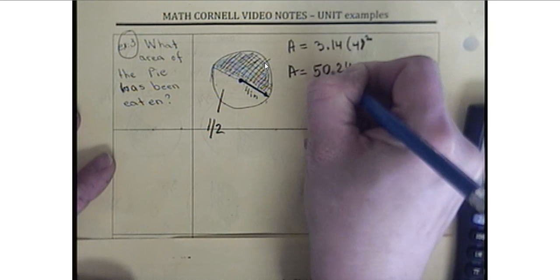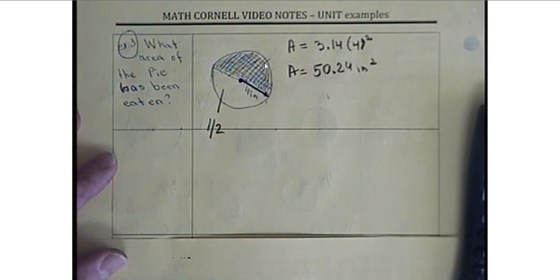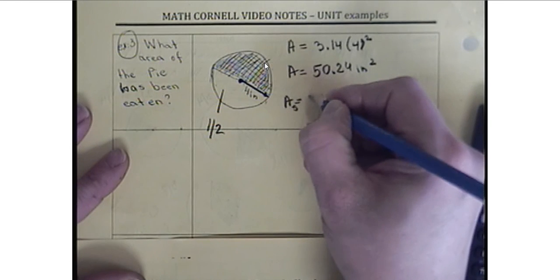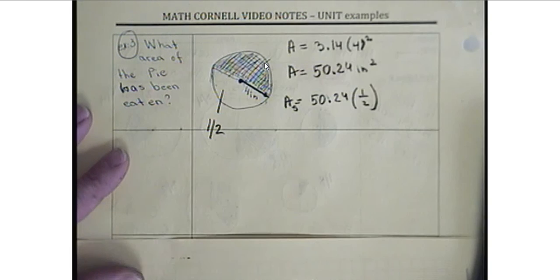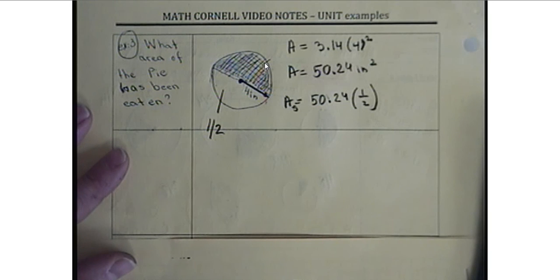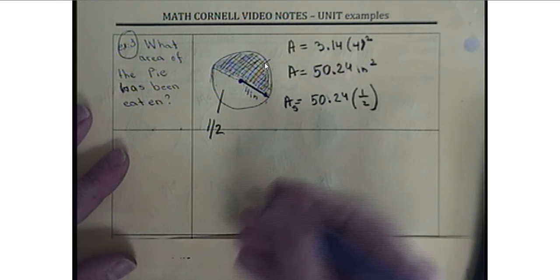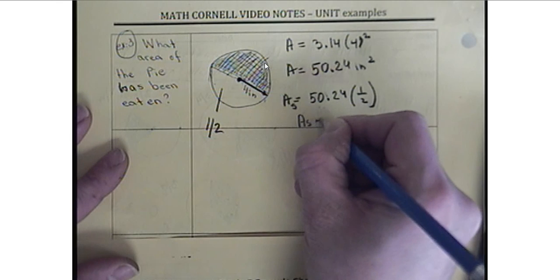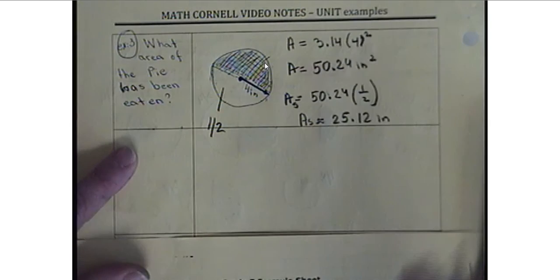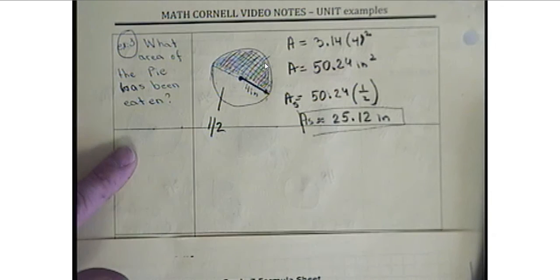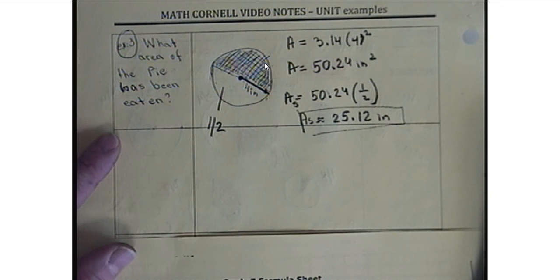So the total area was 50 inches, and half of that, the sector area, will be 50.24 times 1/2. This will give us approximately 25.12 inches. So 25.12 square inches was eaten already, and you have half of it left for later.